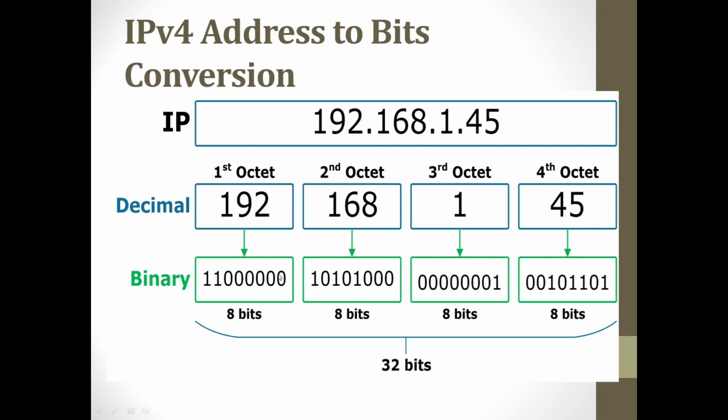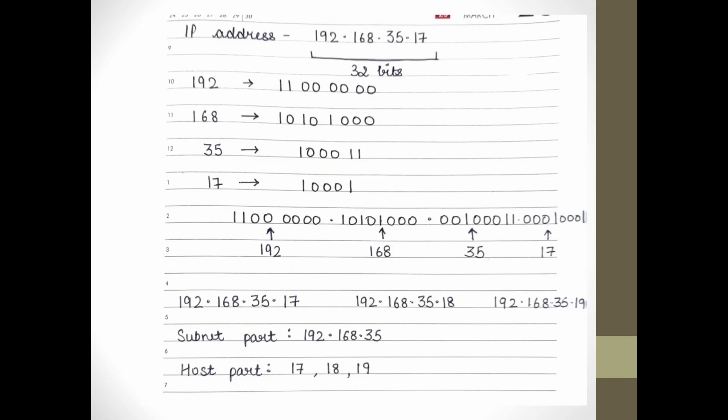As the computer understands only binary language, but we are assigning it in decimal format, the computer first converts the decimal format to the binary format. So every octet is represented in a format of 8 bits, which comes to a total of 32 bits.